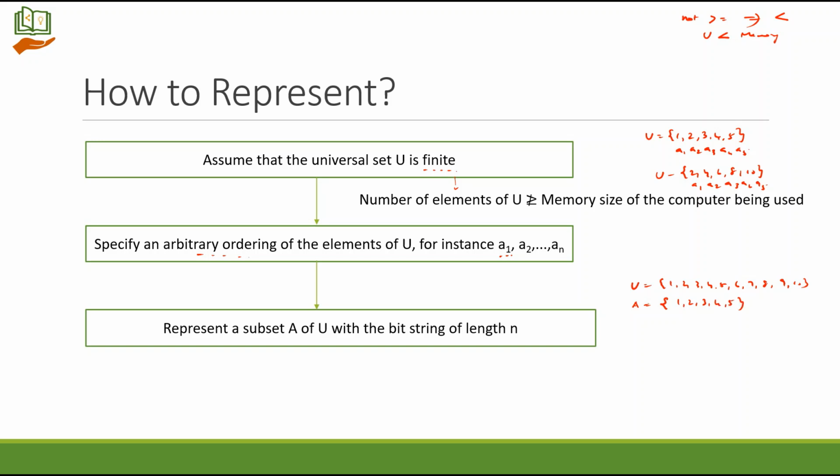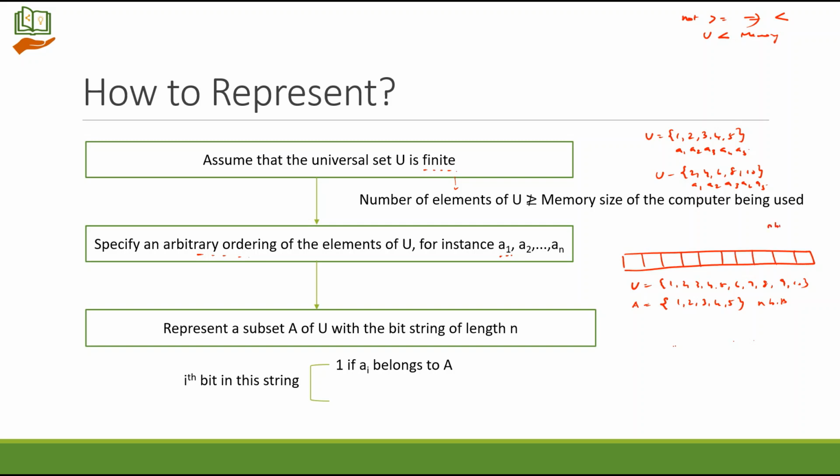Represent a subset A of U with a bit string of length n. So how will we actually represent it? Just take the universal set. So there are n bits here. So 1 to 10: 1, 2, 3, 4, 5, 6, 7, 8, 9, 10.